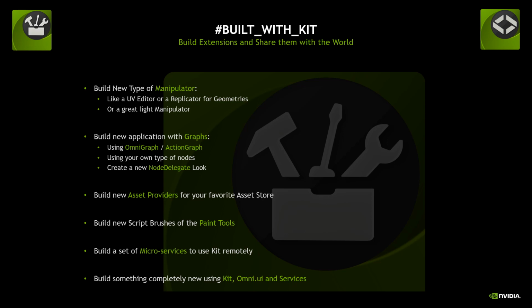Of course, you can build a lot of microservices to use Kit remotely. You want to build your own little microservices that generate images or generate data-sensitive generations. Plenty of things you can do with microservices. And then of course, those are just examples. You can build something completely new, leveraging the low-level foundations of Kit, of Omni UI and services, to really build something truly unique that will make a difference in the world.